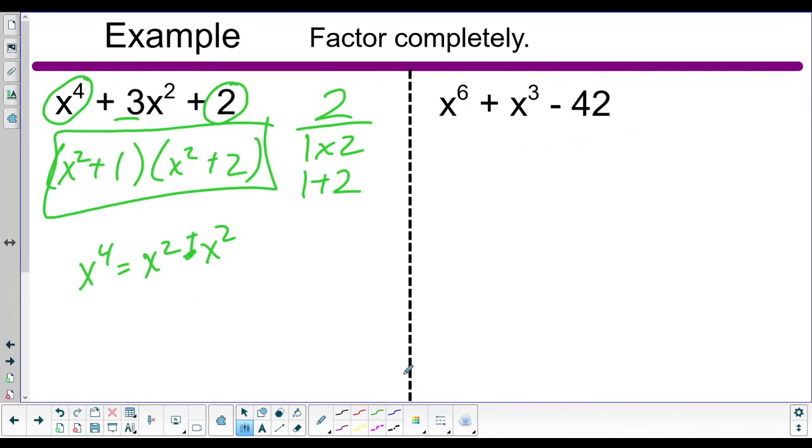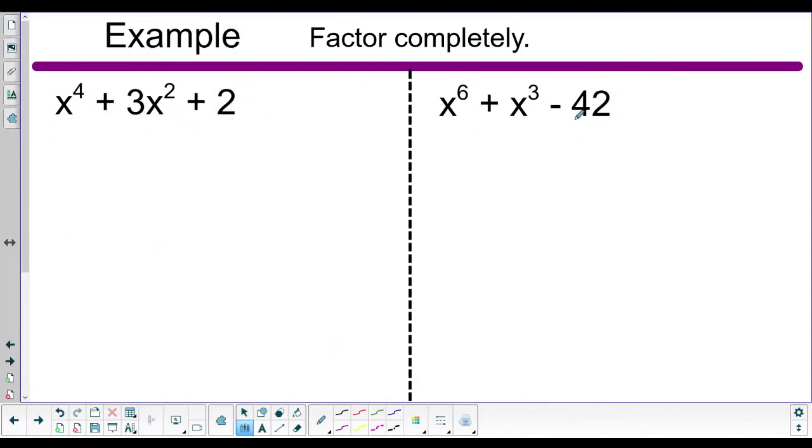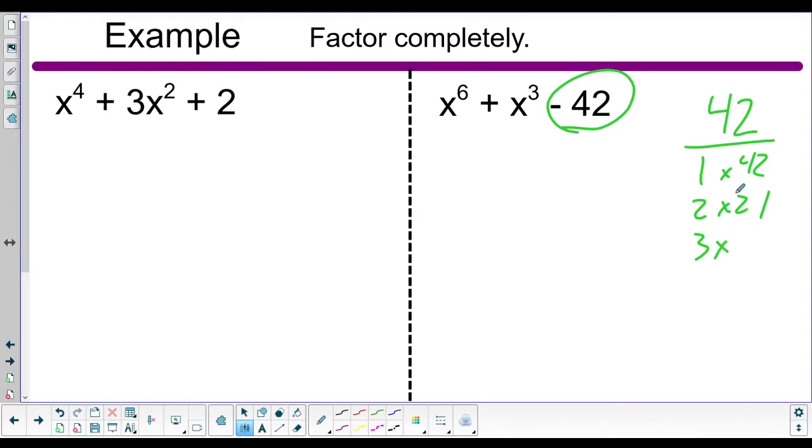All right, let's look at this one. Another simple factoring, and we can tell because there are 1, 2, 3 terms, and the number in front of the first one is a 1 because it's invisible. So we're going to start by looking at our C term and factor that. So the factors of 42 are 1 times 42, 2 times 21, 3 times, is it 14?